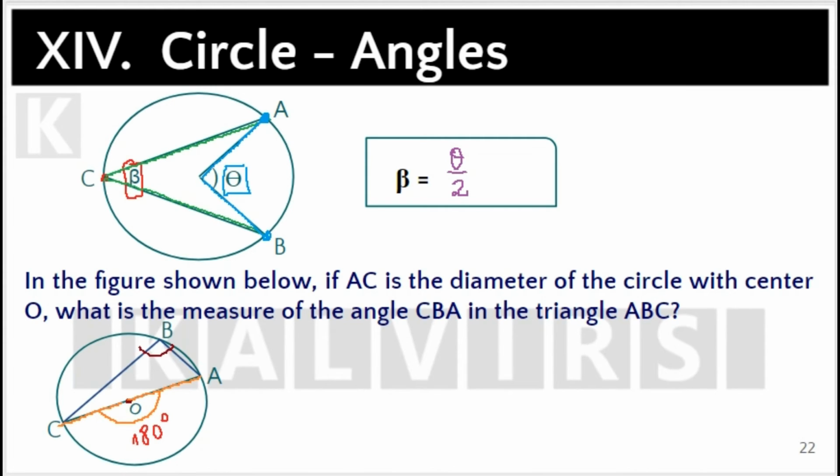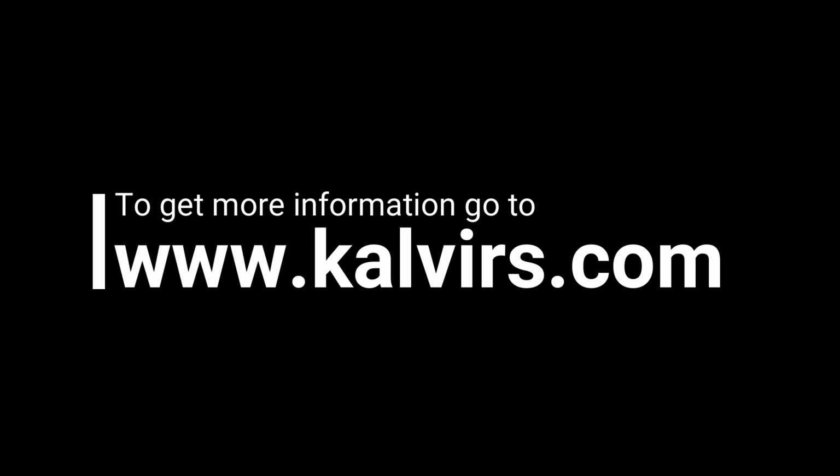Now, angle AOC is a central angle, and angle CBA is an inscribed angle, and both intersect at the same points. Therefore, the measure of angle B is equal to half of the measure of 180. Finally, the measure of angle B is 90 degrees.